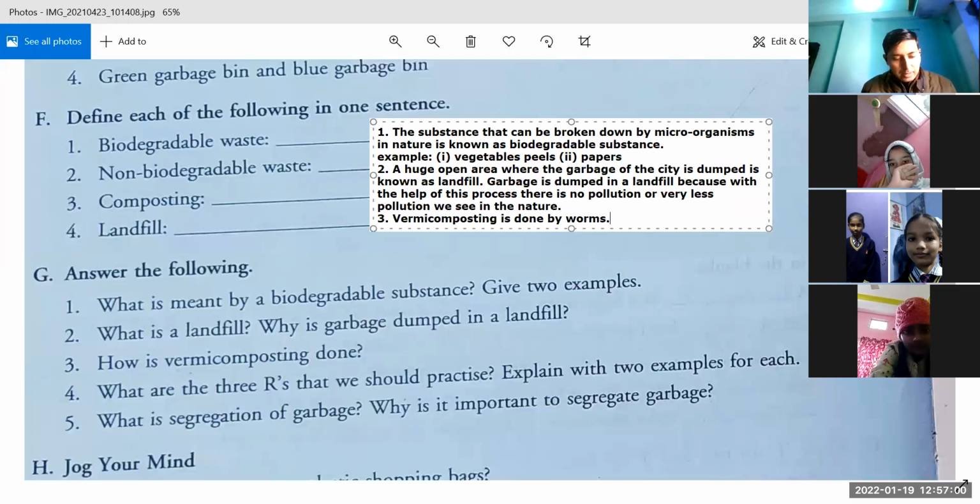We may add here some lines. In the forest, composting takes place naturally, right?